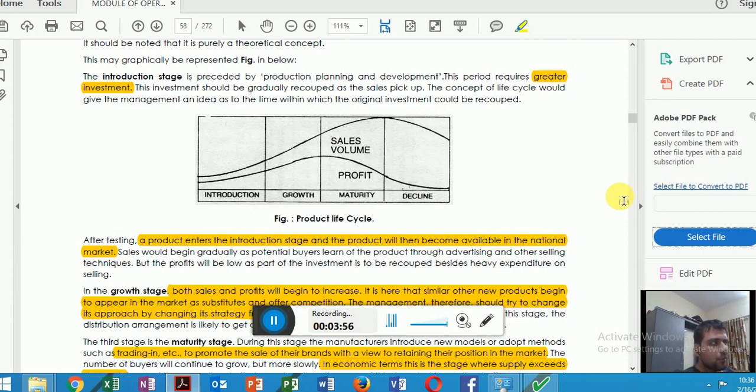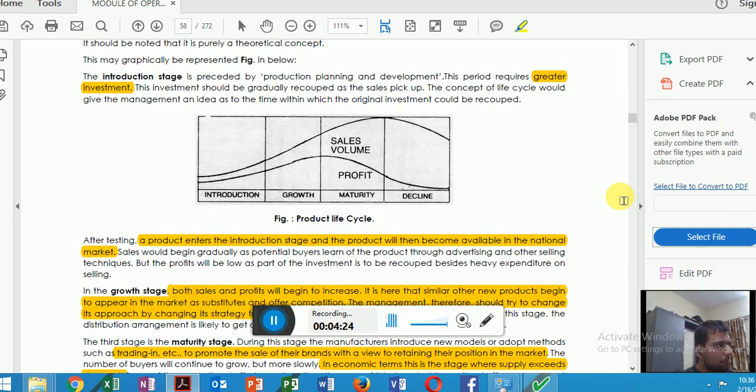Greater investment means a huge amount of capital expenditure will be required for the survival of the product. The expenditure will be used mainly for marketing of the product, trying to improve its after sales, and trying to improve its aesthetics. If there are some problems with the previous versions, then investment will be there in removing those drawbacks in the current product.